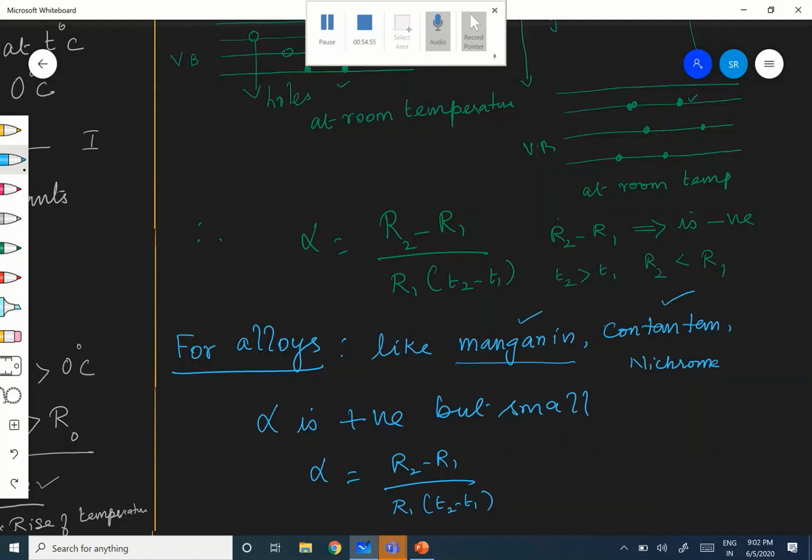Usually it is manganese and constantan that are used for making resistance coils. Why? Because here alpha is very small. It won't show appreciable change in resistance as you increase the temperature. Are you following?